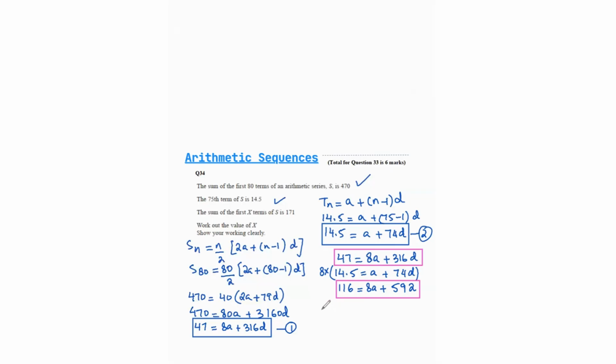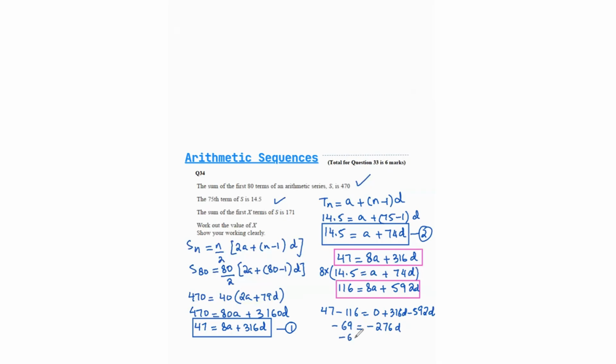So 47 minus 116, 8a minus 8a is 0, 316d minus, there's a d over here, 592d. So 47 minus 116 is negative 69. 316 minus 592 is negative 276d.